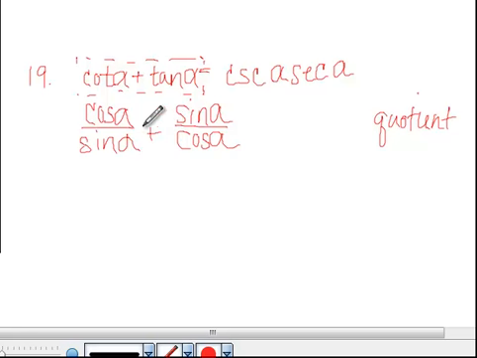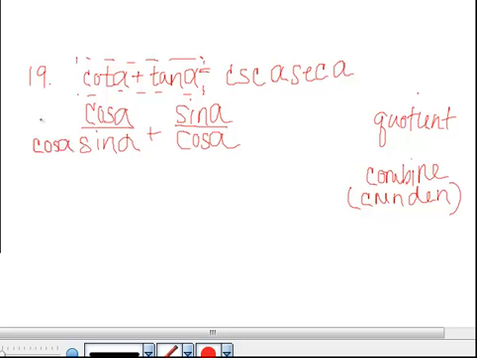Okay, so now this is that part where I'm going to condense fractions, and that's one of your methods of manipulation. So I'm going to go ahead and combine, but don't forget you need a common denominator. I need to multiply cosine to top and bottom over here, so cosine of alpha. Over here I need to multiply top and bottom by sine of alpha so that I can get sine going on this side.